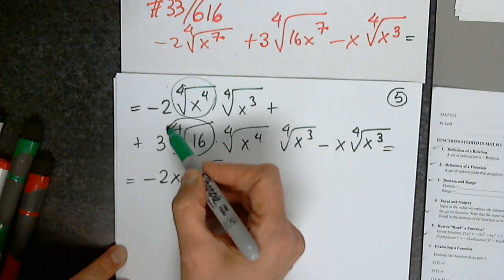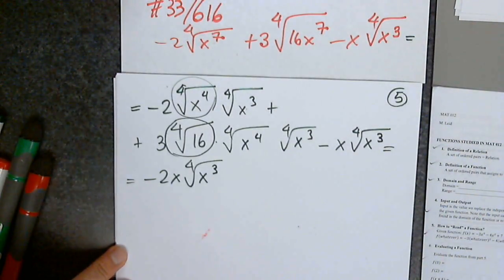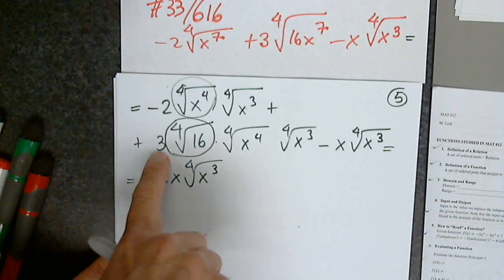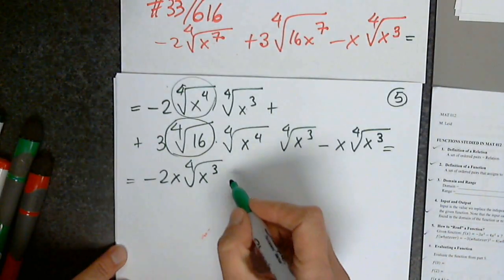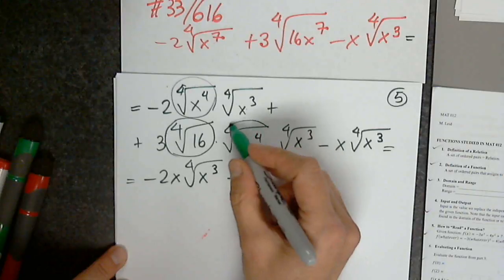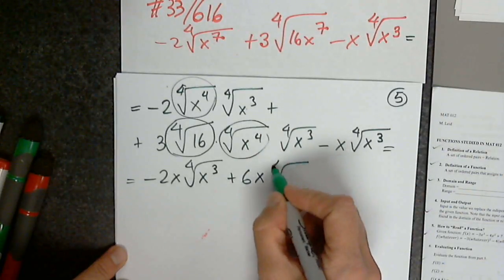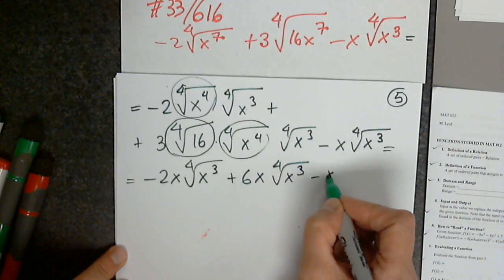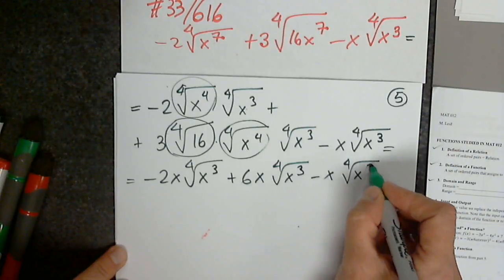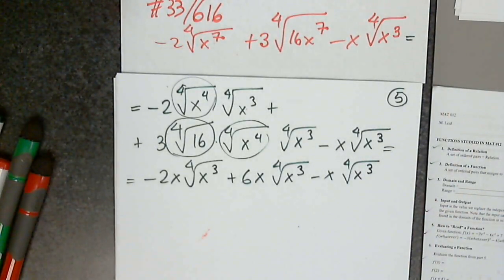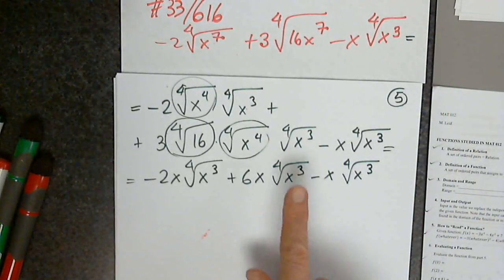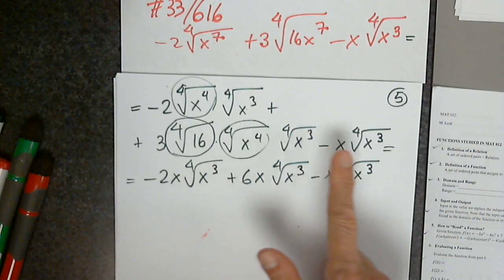Now I know that the fourth root of 16 is 2, but I have to multiply it by 3 in front. So it will be plus 6, and then this one is x, the fourth root of x to the 3rd, minus x, the fourth root of x to the 3rd. Now I look again, and I realize that they have the exact same radical, identical.